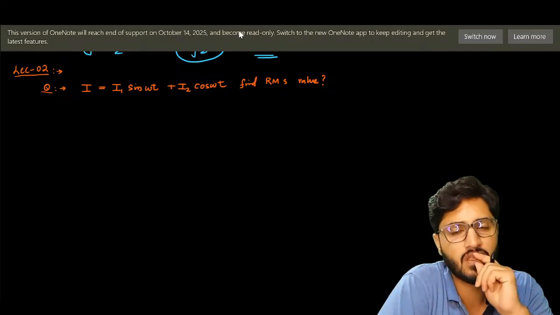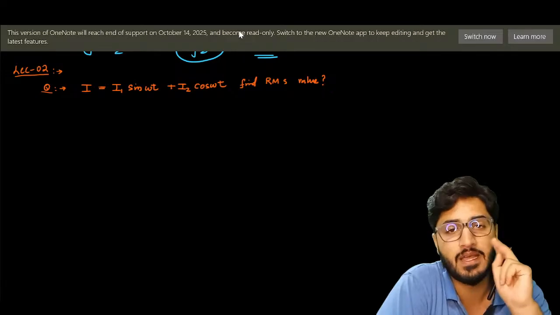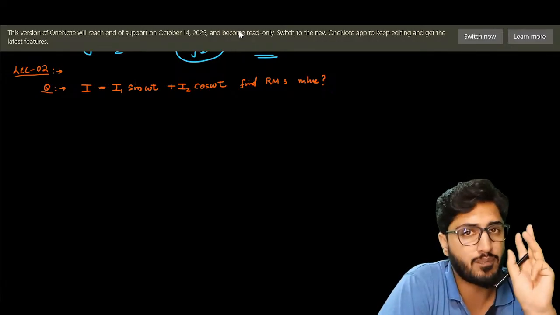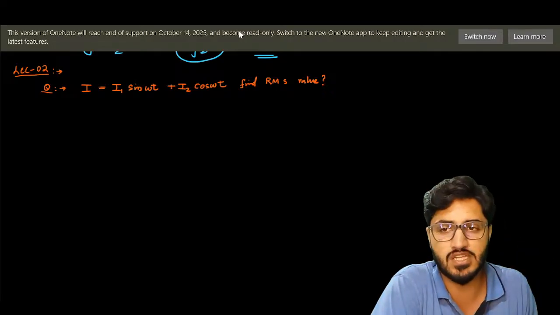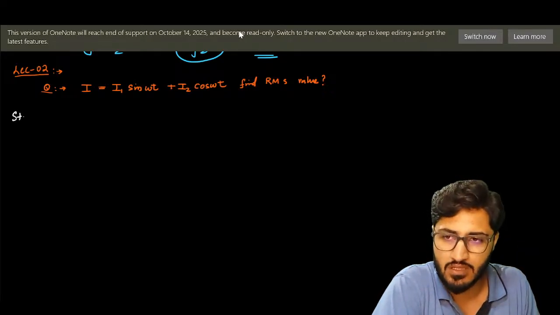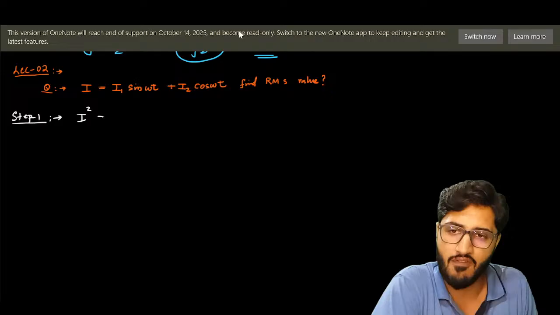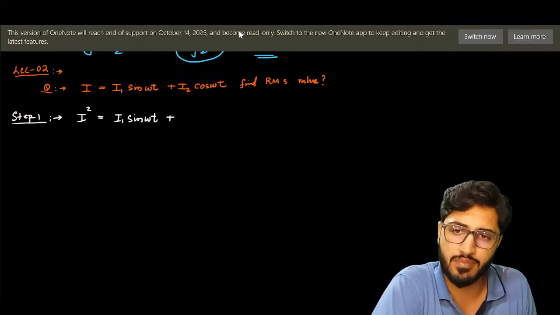First, we need to square it. Second, we need to take its mean. Third, take the root. So the first step is to take the square. I write I square equals I1 sine omega t plus I2 cos omega t, whole square.